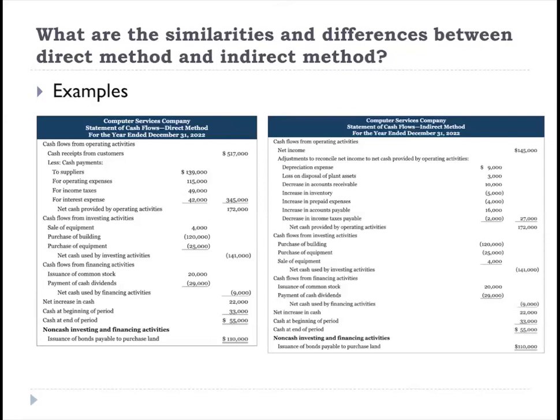The cash flow statement, one prepared under the direct method, the other under the indirect method. I want you to spend some time looking at those two statements and tell me what the similarities and differences are between them. You can pause your video for now.